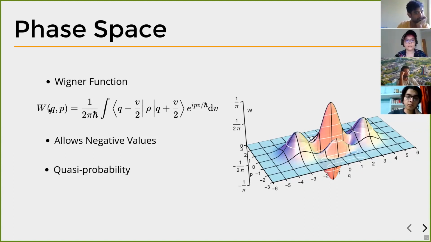I'm taking the function rho, projecting onto some coordinates, and integrating over the momentum information. So the Wigner function gives you both pieces of information at the same time, but with a price: imprecision. This area gives you an error.